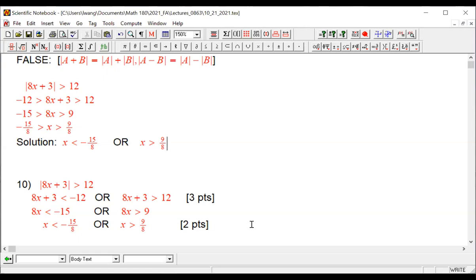I got the right answer. And this student, the same student, most likely, is going to show the right picture. Okay, that picture.